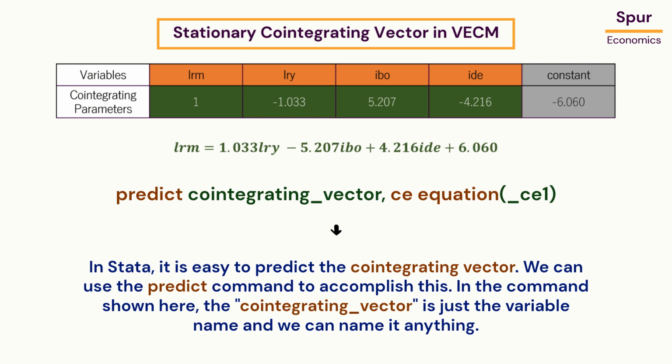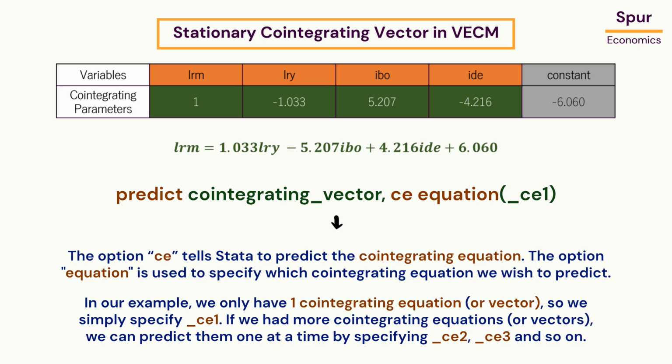In Stata, it is easy to predict the cointegrating vector. We can use the predict command to accomplish this. In the command shown here, the cointegrating vector is just the variable name and we can name it anything. The option CE tells Stata to predict the cointegrating equation. The option equation is used to specify which cointegrating equation we wish to predict.